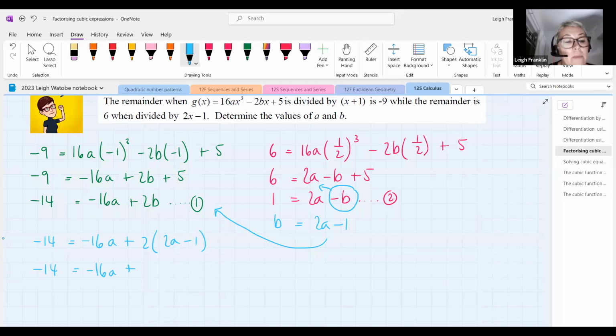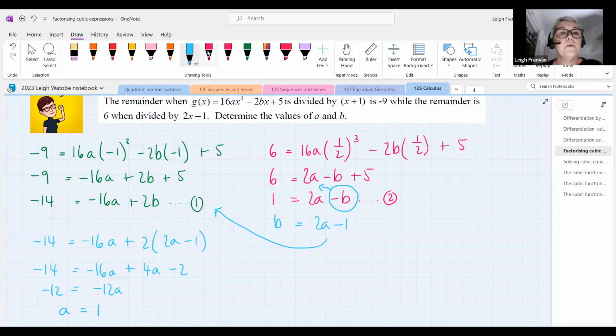And then removing our brackets, we'd end up with 4a minus 2. So on this side over here, we've got -12a. On this side over here, we've got -12. So you're quite right, Kamogelo, a is equal to 1.